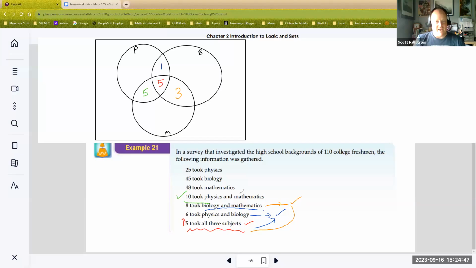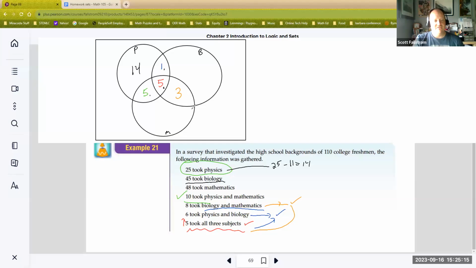And now come back and say 25 people took physics. Okay, well, I've already used up 5 and 5. That's 10 plus another one is 11, but 25 down here. So 25 take away 11 gives me 14. So there's 14 that took physics, but did not take biology and did not take math. Okay, we'll use the same thing for biology. Biology had 45.